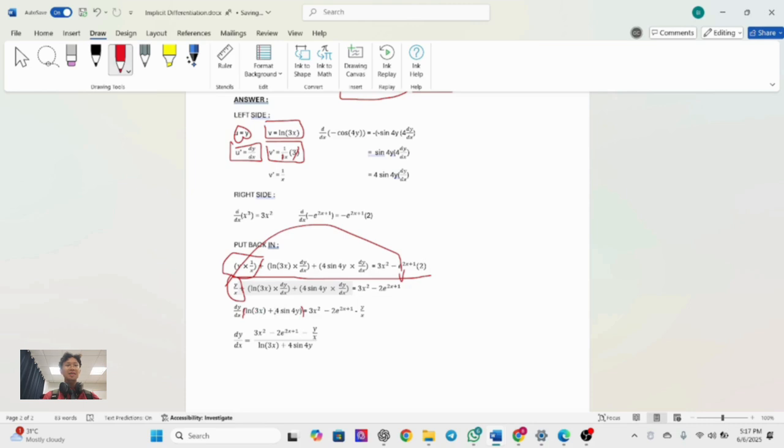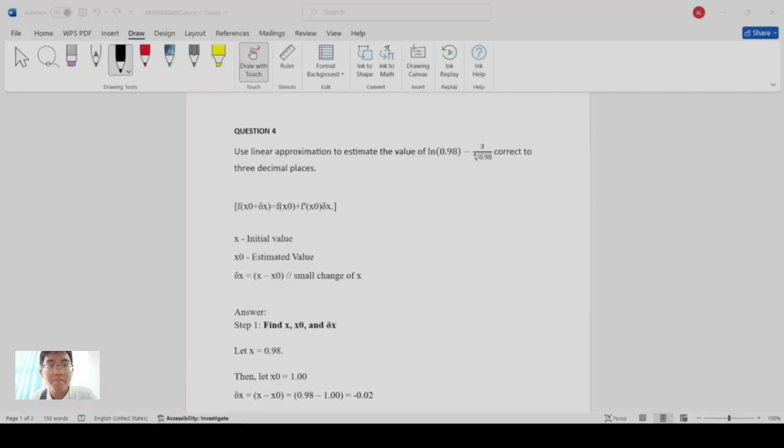After that, we move it to the right side, so it becomes 3x to the power of 2 minus 2 e to the power of 2x plus 1 minus y over x, all over ln 3x plus 4 sin 4y. And that's how we find dy over dx using implicit differentiation. That's all from me. Thank you.